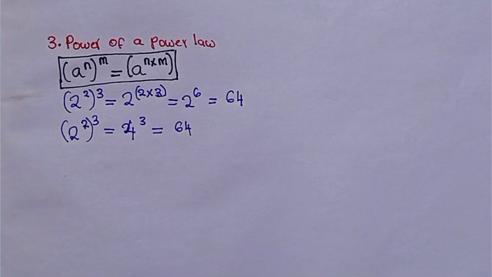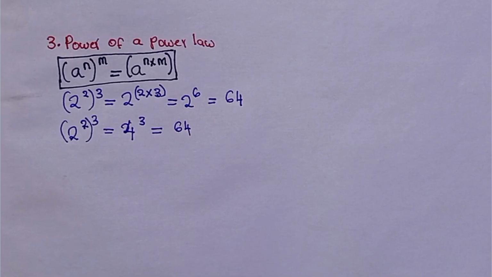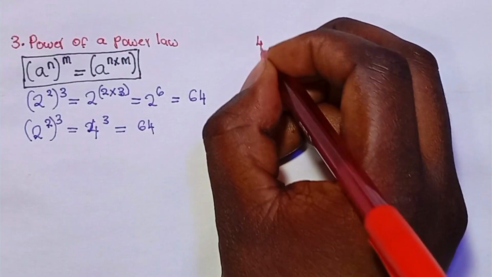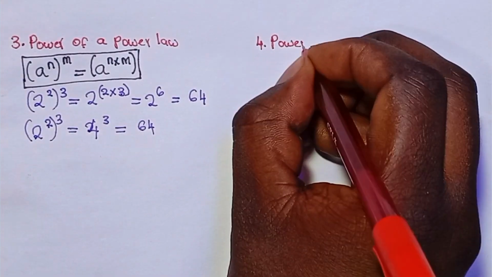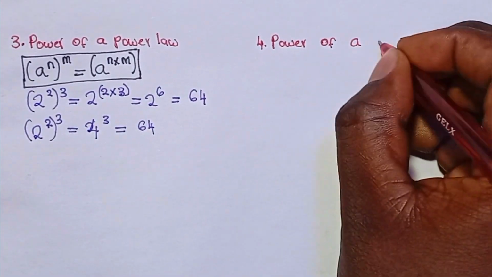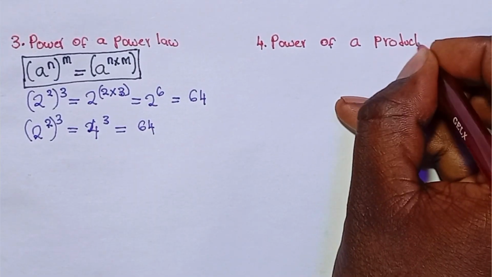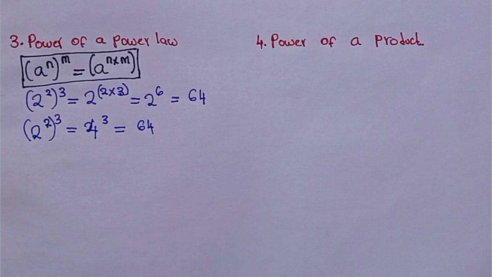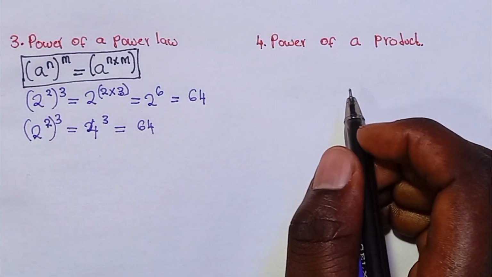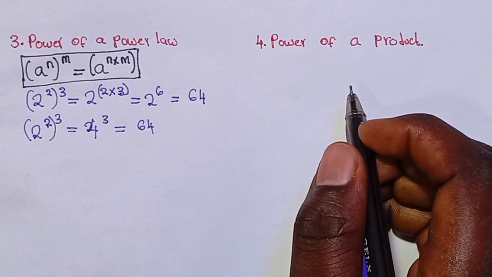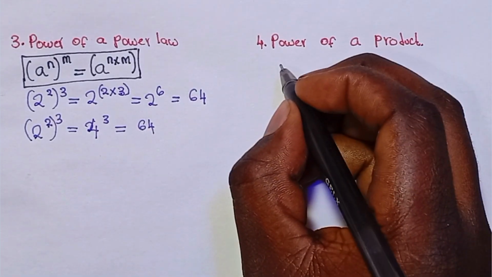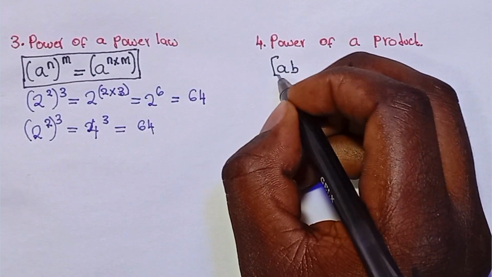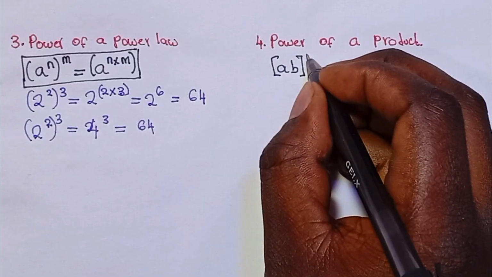So let's go to number 4. It is called power of a product. So in power of a product, when two numbers are multiplied and raised to a power, each gets the same power. For example, with our illustration, let's say we have (ab) raised to n.